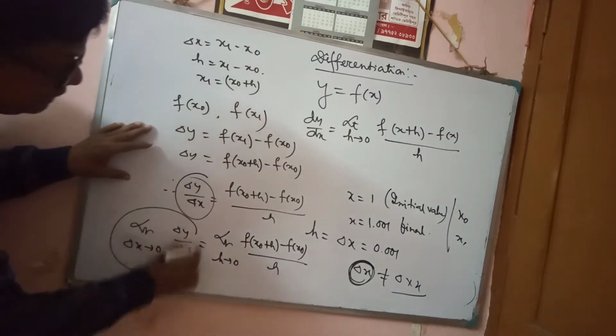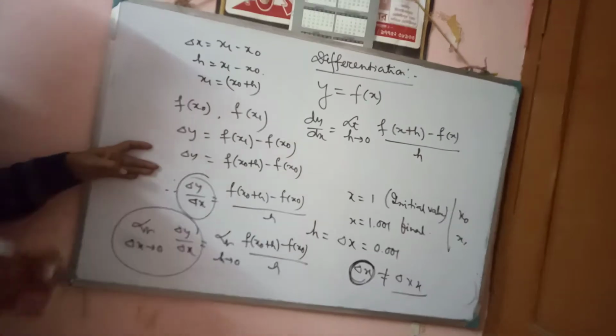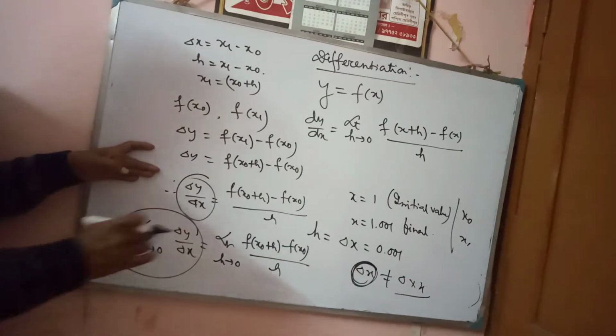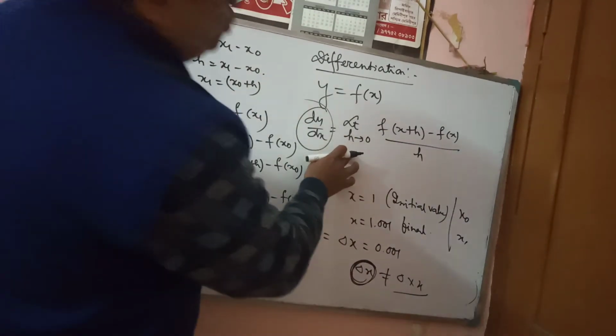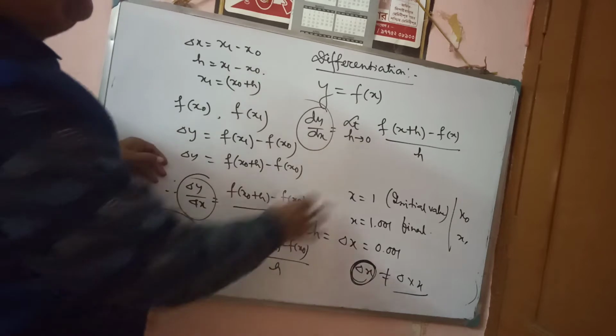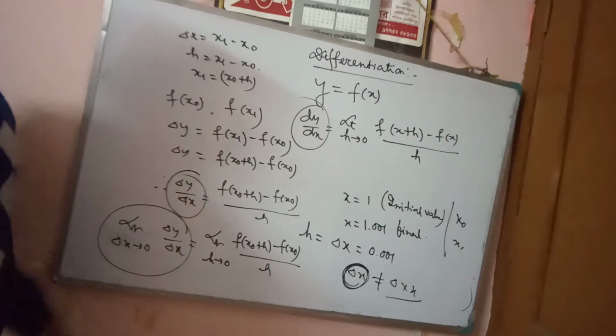If this limit exists, that is the limit as delta x tends to 0 of delta y by delta x, we say dy/dx equals limit h tends to 0, and writing x instead of x0, f of x plus h minus f of x, divided by h.